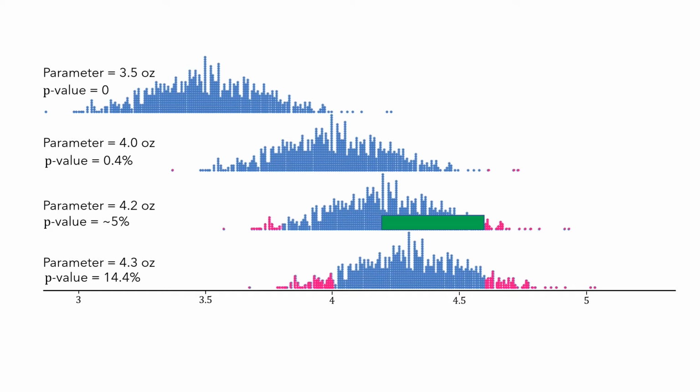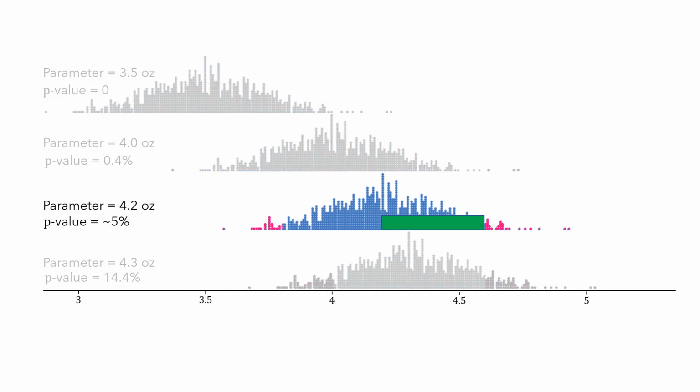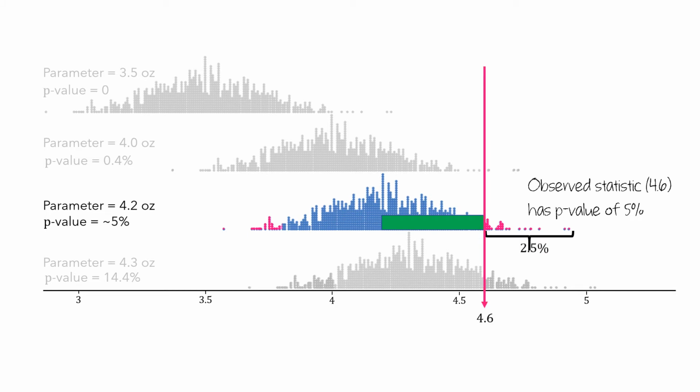So this 4.2 distribution was special. Let's take a closer look at it. In this distribution, the observed statistic of 4.6 has a p-value of 5%. In particular, the observed statistic basically cut off the upper 2.5% of the values in the sampling distribution.